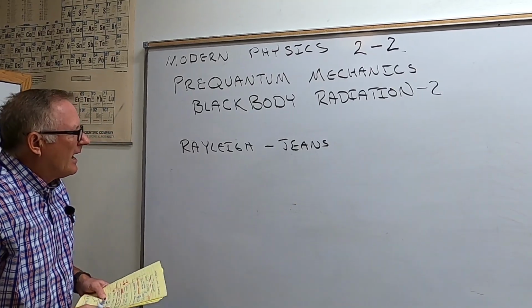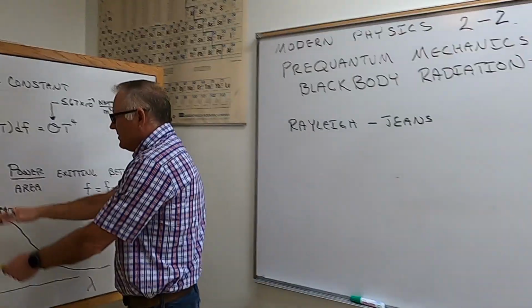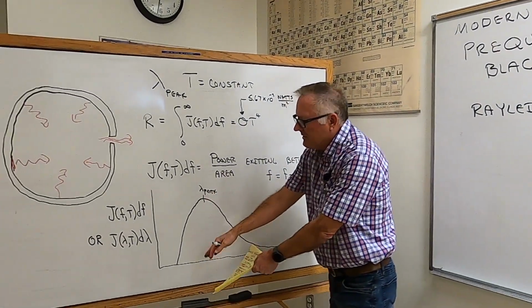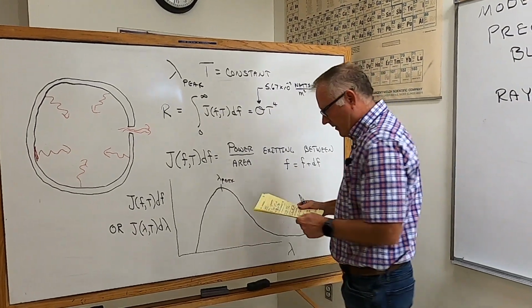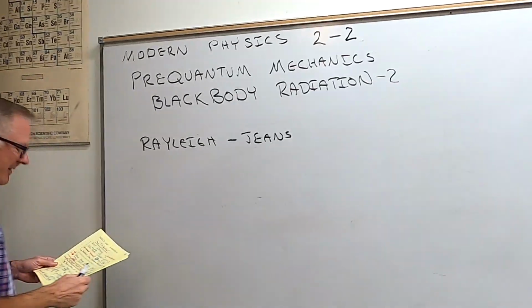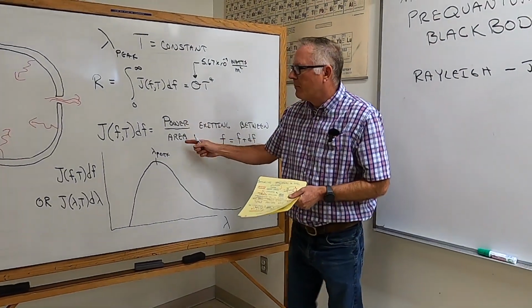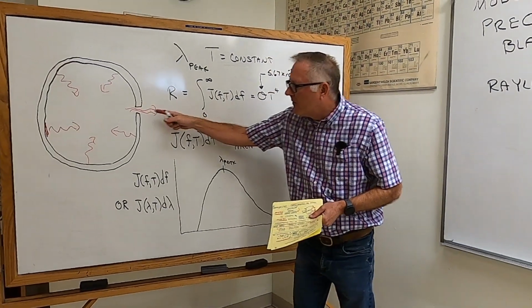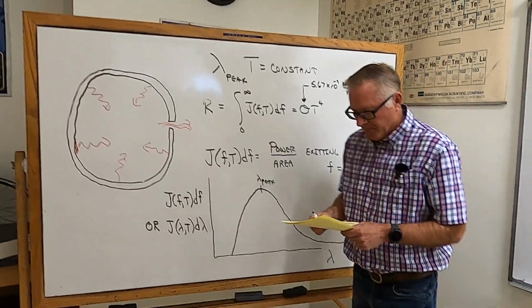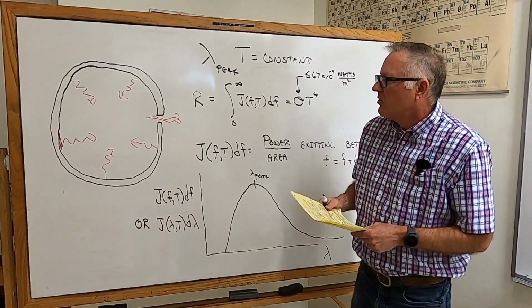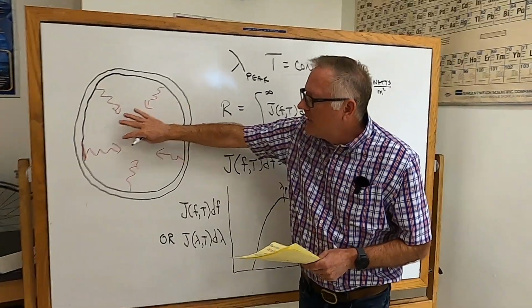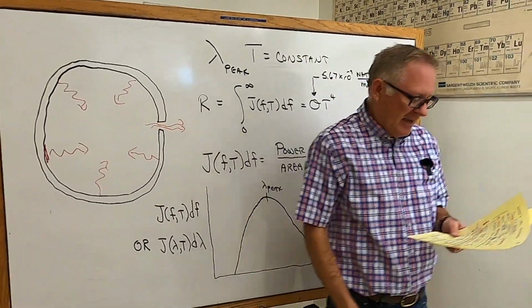So how do you try to derive the radiation coming off this spectra? That's what we want to derive right here. Well, they said, instead of working with this J, this power per unit area that's coming out of here, it might be better to work with the energy per volume inside.